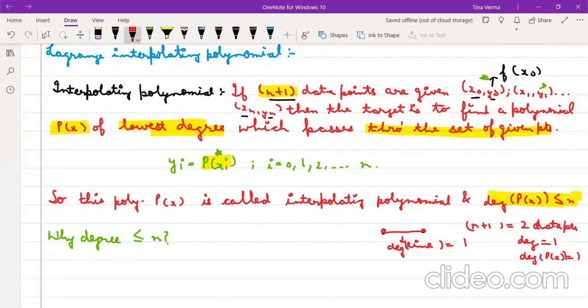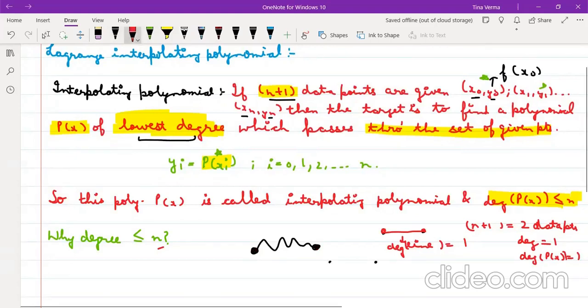Why should the degree be less than or equal to n? When you have any two data points, we have to find a polynomial of lowest degree. You could have a polynomial with more than 1 degree, but you have to find the one of lowest degree. To connect two points, the best possible way is to join by a line. So here in this case your degree will be n.